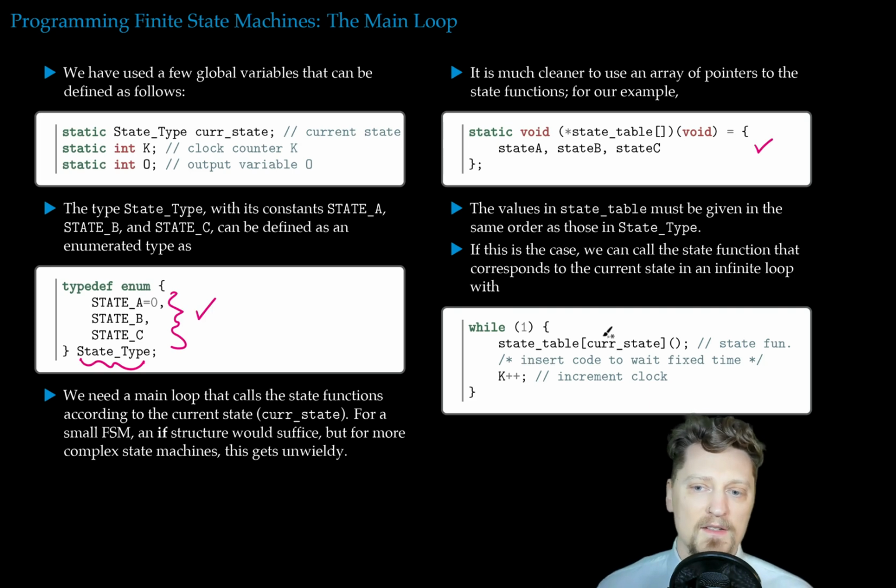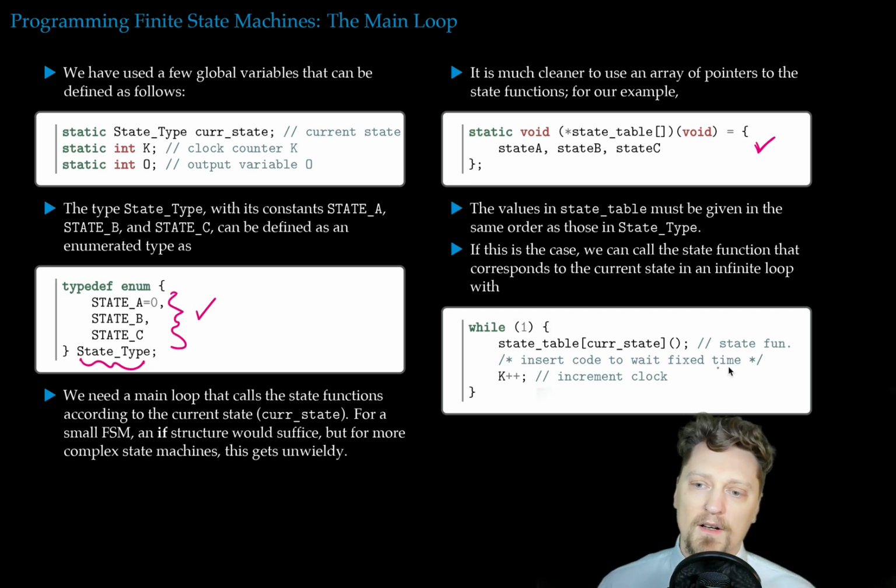Current state is an enumerated type variable, which is going to be 0, 1, or 2. So we're going to be either in state A, state B, or state C, and we'll call that function from this state table that we've declared above. So the state table is a table of the functions. So we'll call the state A function first, then the state B function, and the state C function.